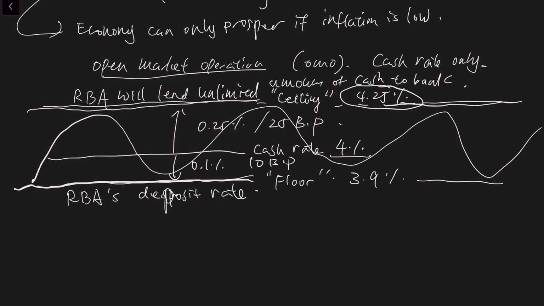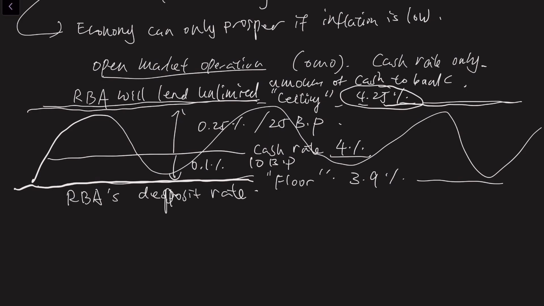So if, for example, Westpac offers Commonwealth Bank a 4.3% interest, the Commonwealth Bank will simply borrow from the RBA at 4.25%. So that's why it is called a ceiling, because no one will be incentivized to borrow at a rate greater than 4.25%. So essentially it is a cap on the interest rate.